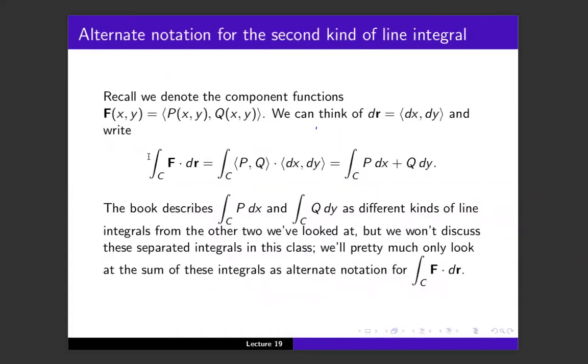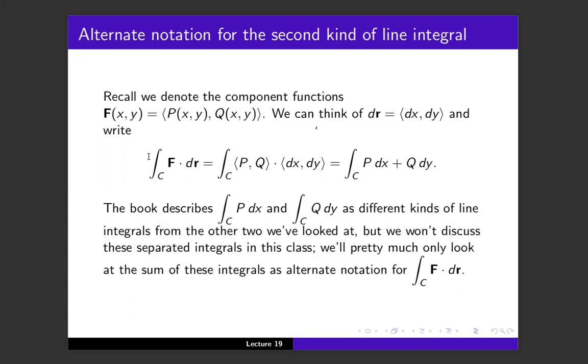Now there are a couple other ways that Stewart will write this. If we write the components of the vector field as F(x, y) equals P(x, y), Q(x, y), then you can think of dr as just being the vector of differentials, dr equals dx, dy.